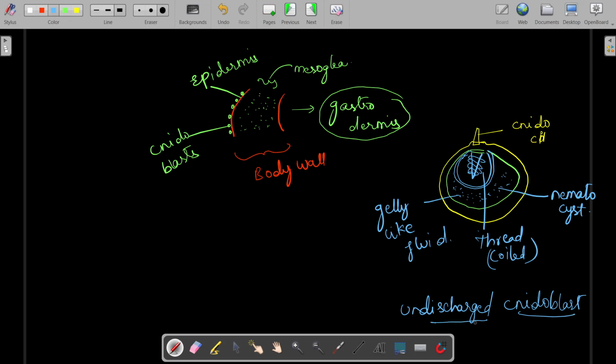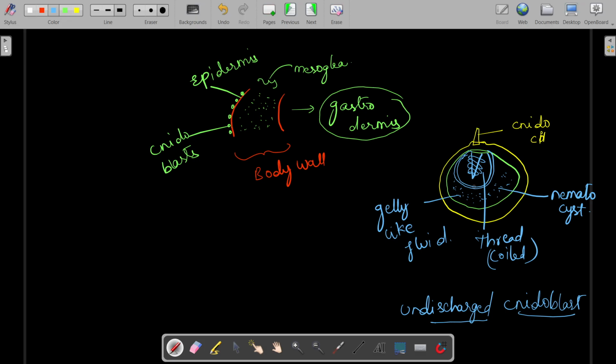What is this undischarged cnidoblast? This needle-like structure is coiled by the thread. When danger is encountered, the needle-like structure will evert. That means it is ejected outside and pierces the enemy's body.